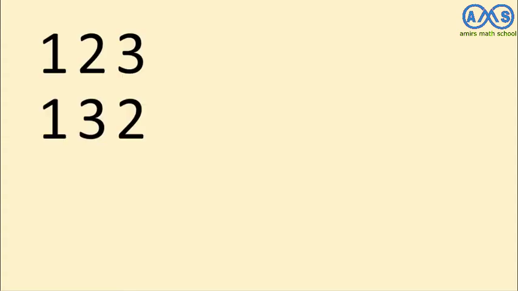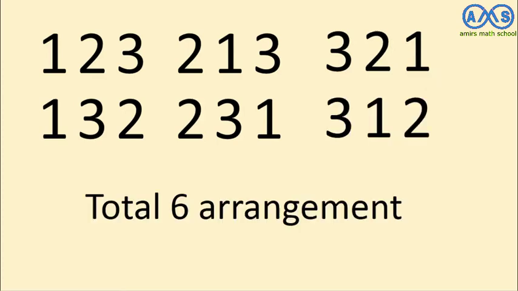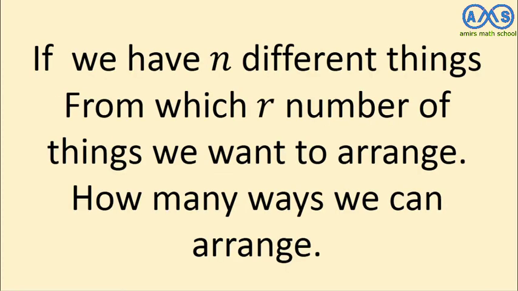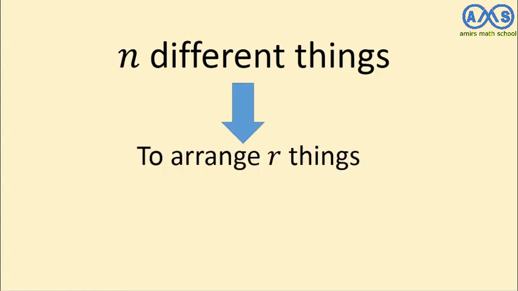Let's verify it. If we arrange the digits 1, 2 and 3, we will get 6 arrangements: 1, 2, 3, 4, 5 and 6. If we have n different things from which we want to arrange r things, in how many ways can we arrange?